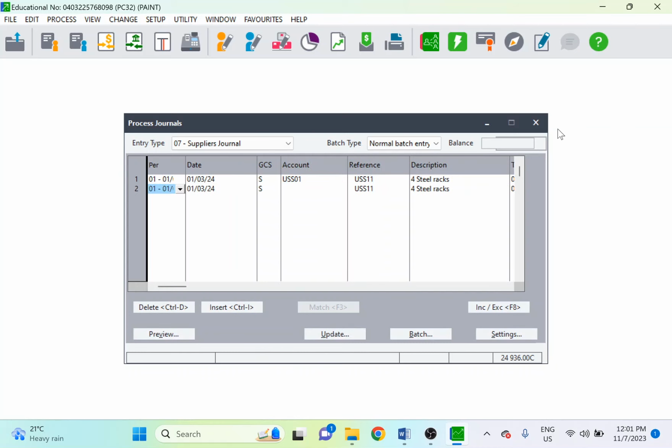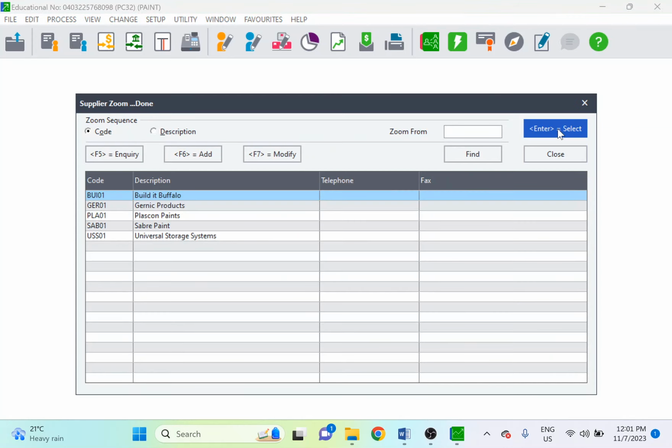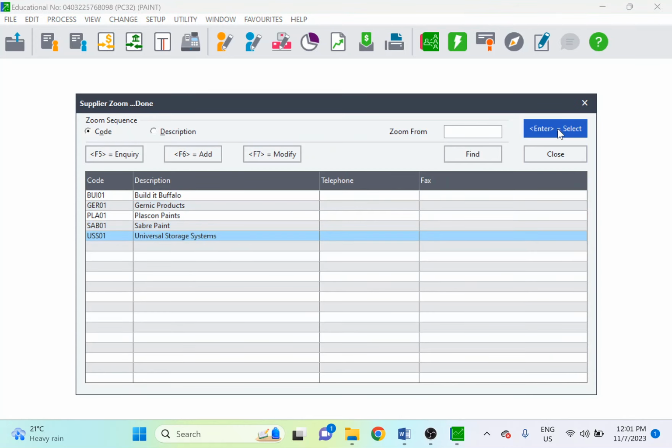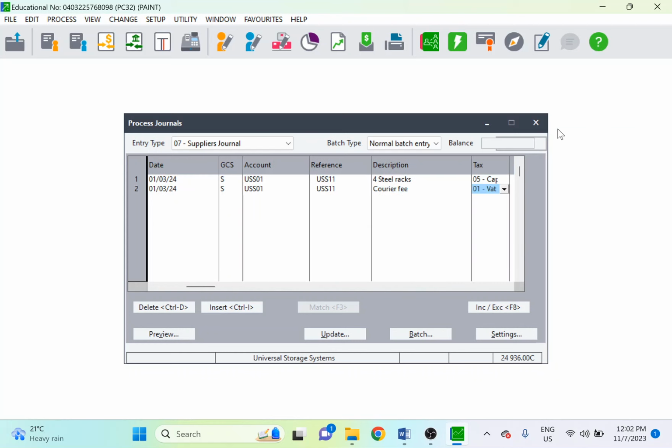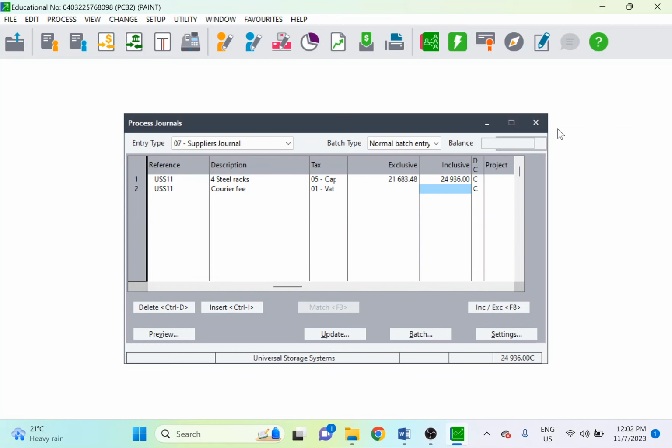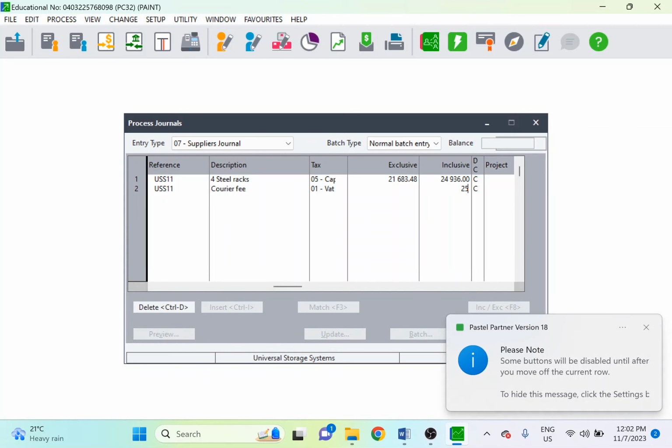We go to line number 2. Same period, same date, same GCS, same supplier, same reference. Under description, we are having courier fee. Courier fee under text is 01. Under inclusive is 252.